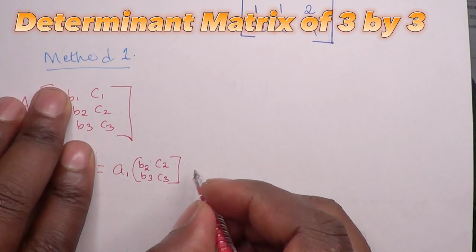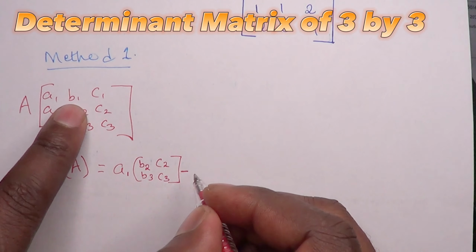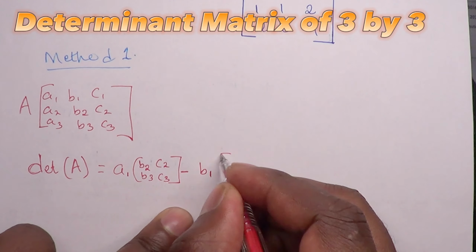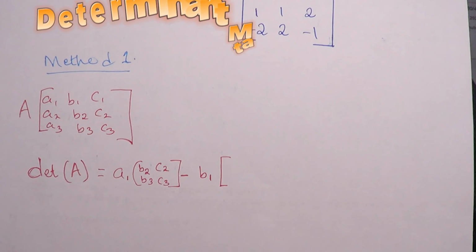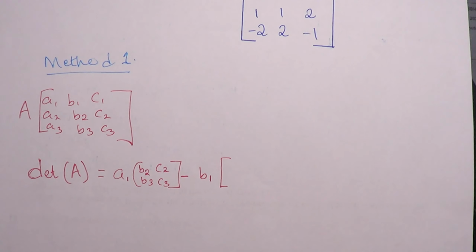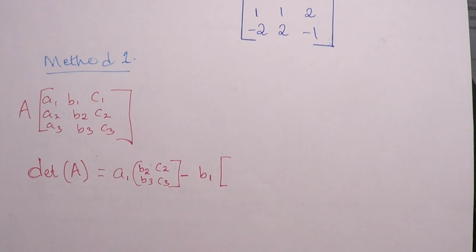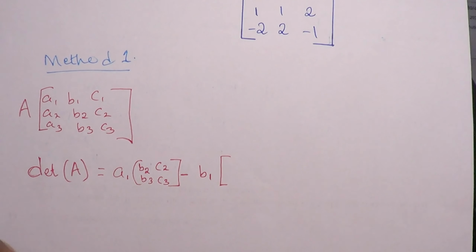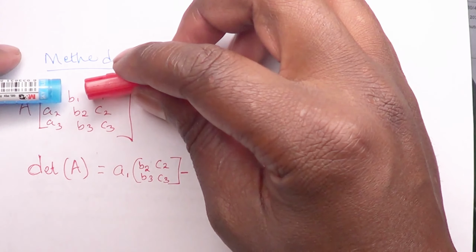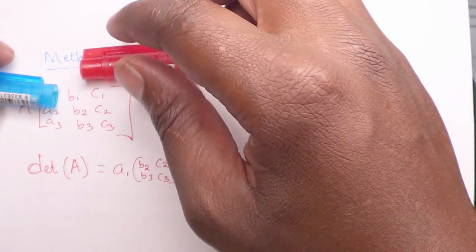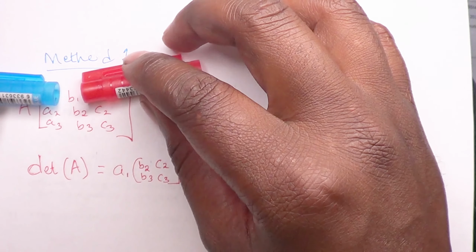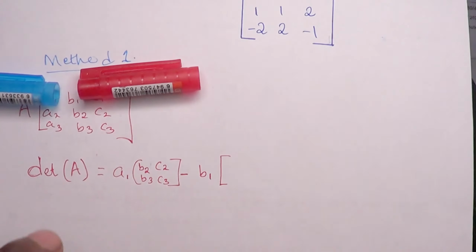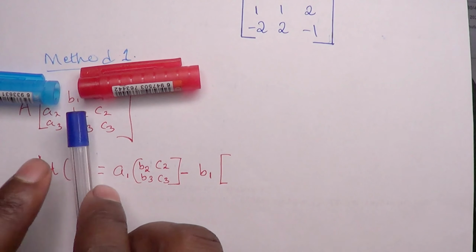Then we subtract, we come to the second one, that is B1. The minor of B1 at this point is, we cover this one here, and we also cover this one here.